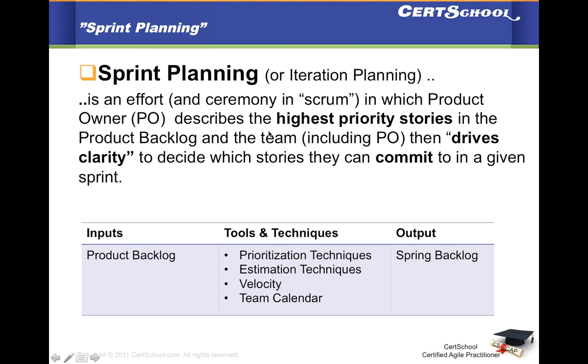So once the product owner has described their intention of the stories which are of highest priority in the product backlog, at that time the team comes together, they start understanding the story in detail, they start doing estimations based on that, and then based on the estimation, they commit to which stories in those priorities they can accomplish in a particular sprint or iteration. Okay, so a very, very important ceremony or meeting.